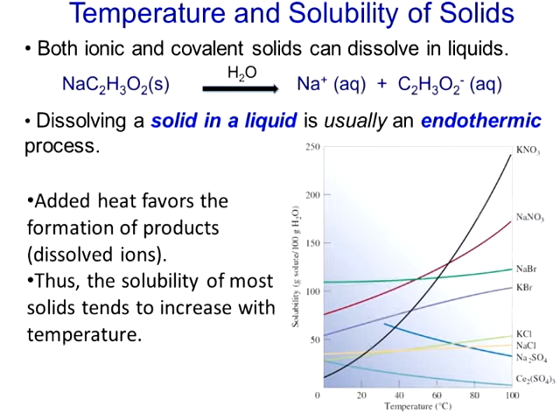Then you notice some have this really large swing in solubility. For example, potassium nitrate has a really high swing. And then you notice a couple of them actually decrease in terms of solubility with heat. So you want to be aware of that. But the general trend is increased temperature favors increased solubility of a solid solute in a liquid solvent.